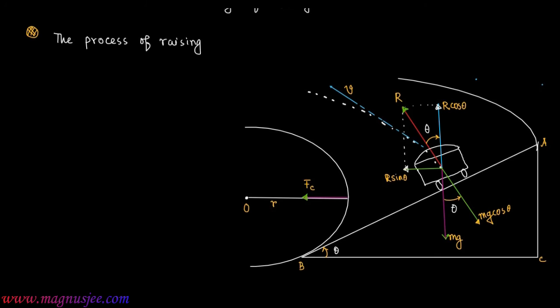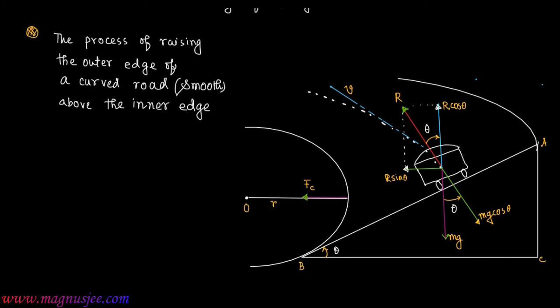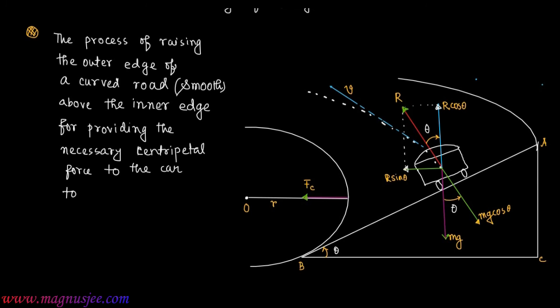The process of raising the outer edge of a smooth curved road above the inner edge, for providing the necessary centripetal force to the car to take a turn, is called banking of the smooth curved road.